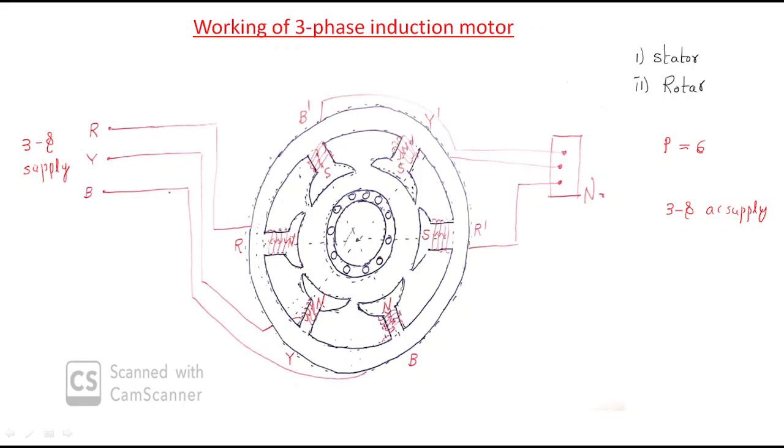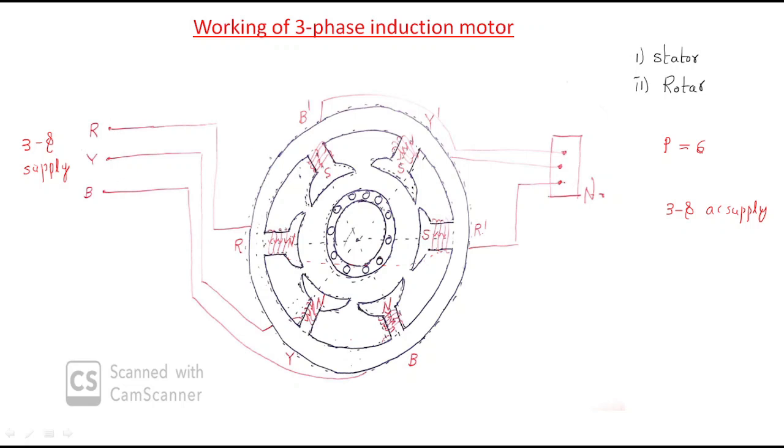The outer part is the stator, and in this we have three phases. First, the R phase is given to one pole, and the ending part is given to the opposite pole, which is R dash, in this direction. After completion of the R dash pole, it is then given to the neutral.